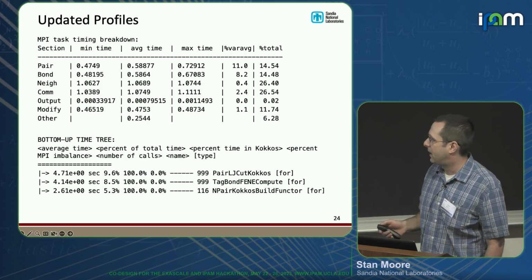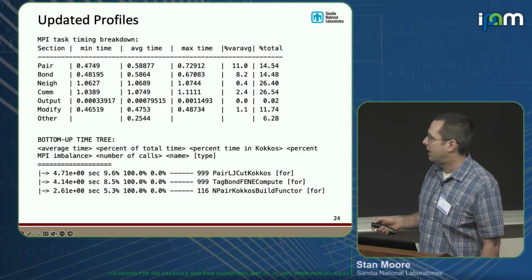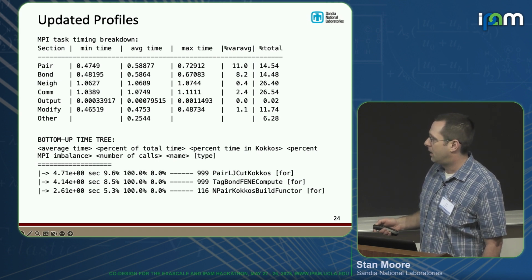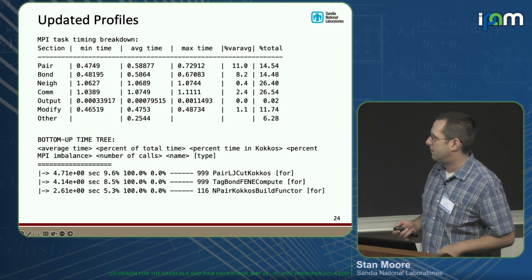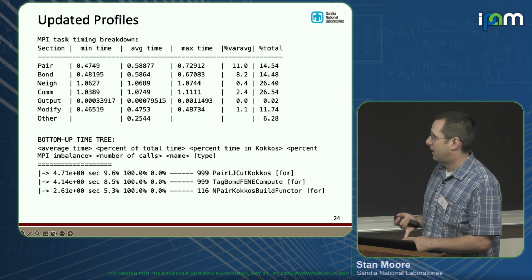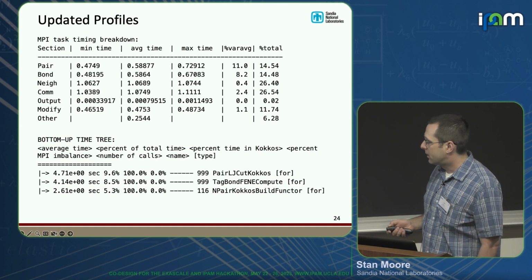So here's an updated profile. You can see that previously we had a very large time spent in COM. That's now gone. That was the atom map build. So we've changed to array style, and we've parallelized it using CUDA MPS, etc. Here's the GPU profile with the Kokkos tools.